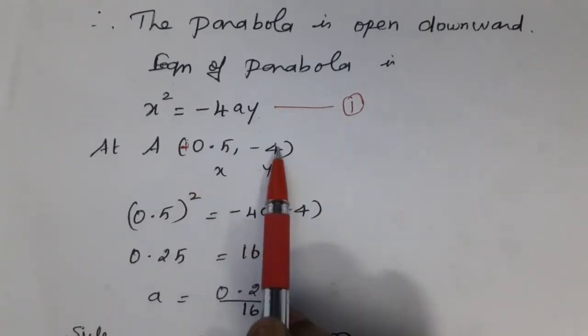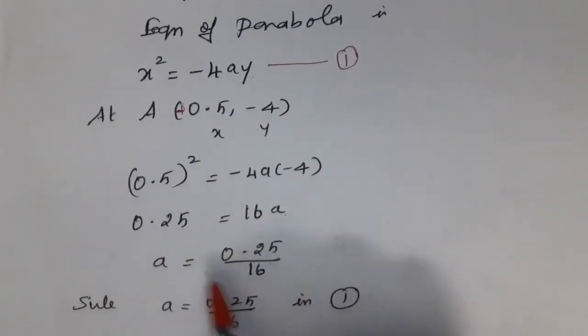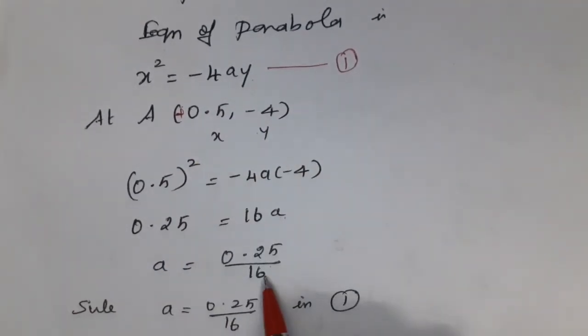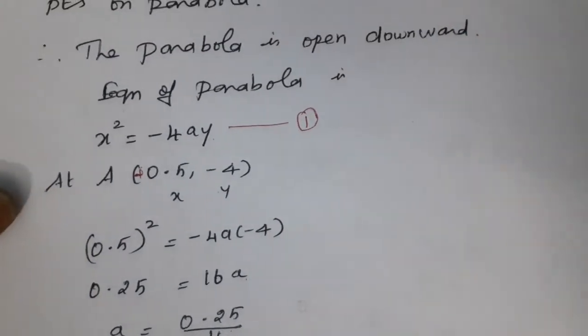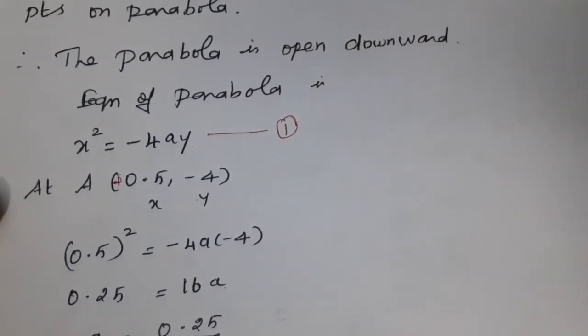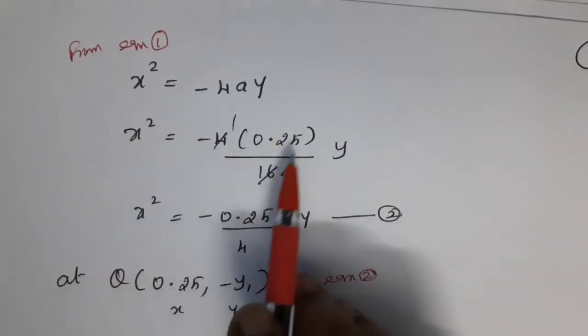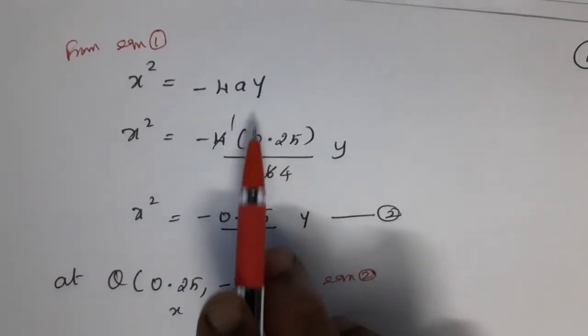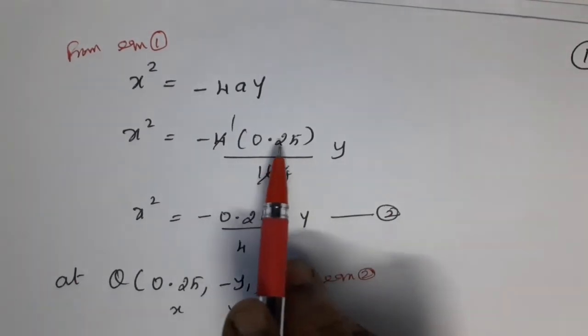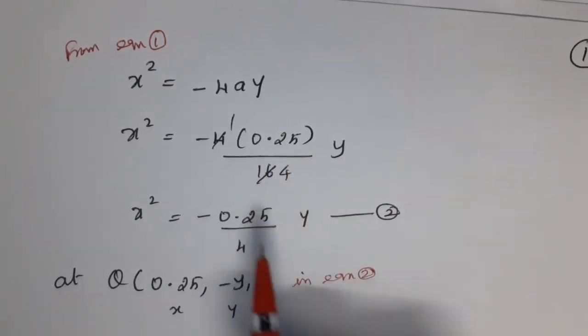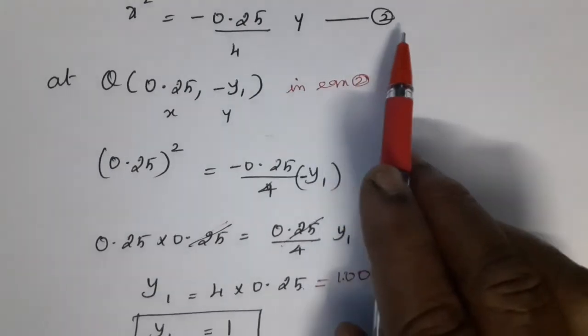Using the x value and y value, first we find the a value. After finding the a value, you substitute it in equation 1. From equation 1, x square equals minus 4ay. So the value of a is 0.25 by 16. You substitute the value and we get the second equation also.